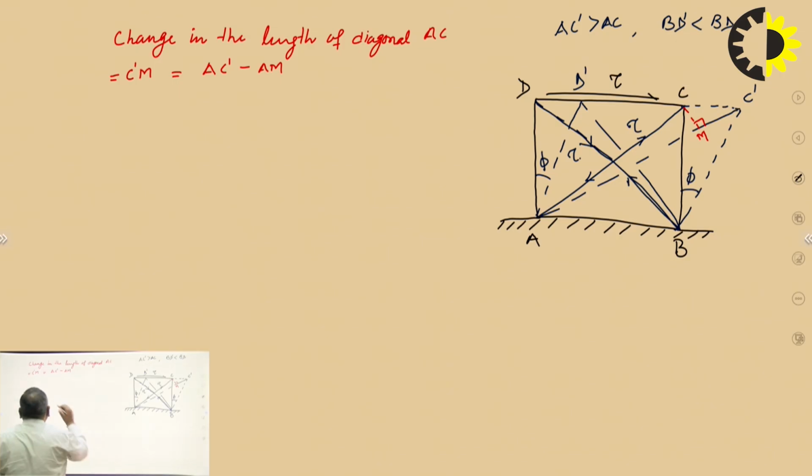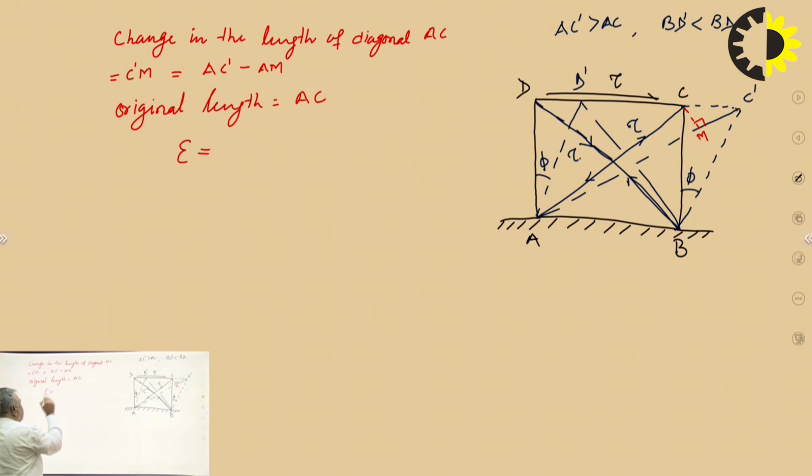The original length is AC. So if I write epsilon, then this is C prime M upon AC. This is the basic definition.